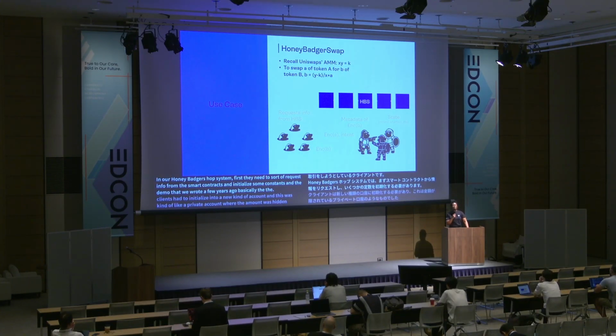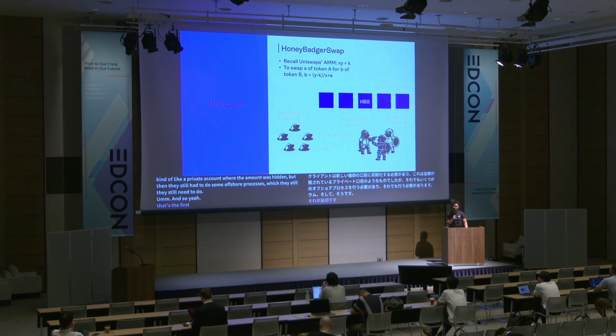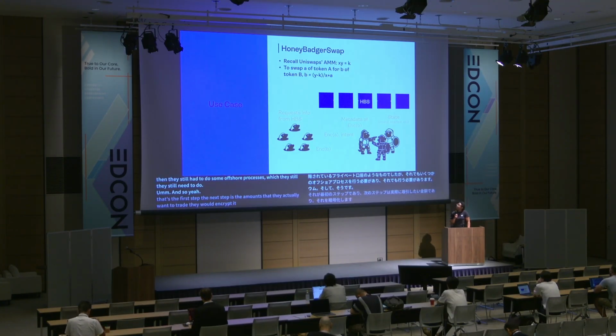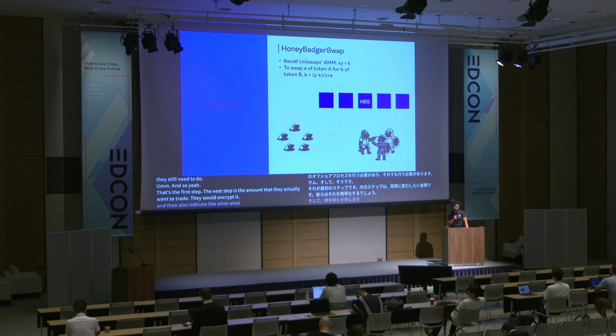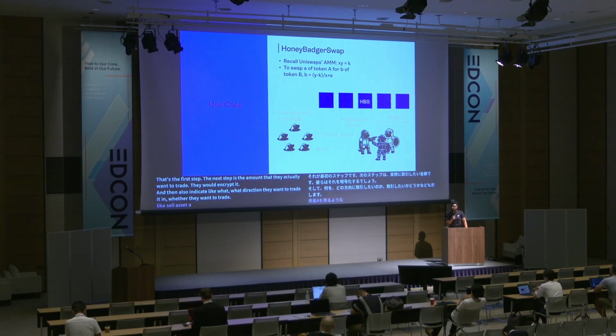But then they still had to do some off-chain processes. So that's the first step. The next step is the amounts that they actually want to trade. They would encrypt it, and then also indicate what direction they want to trade in, whether they want to sell asset A for asset B or vice versa.